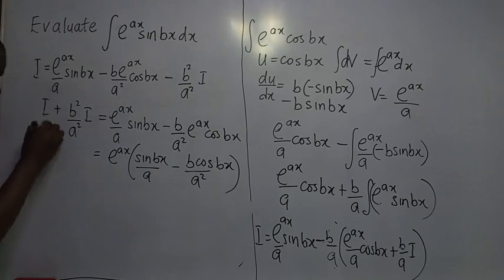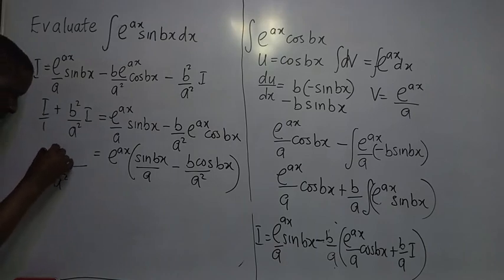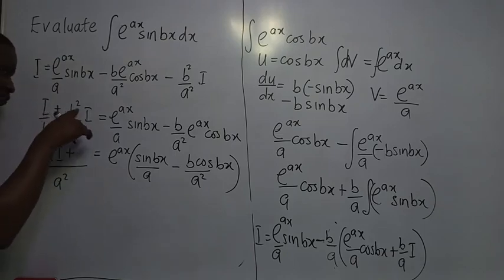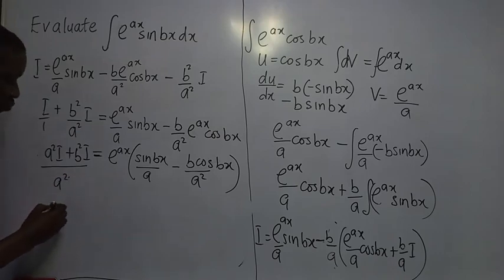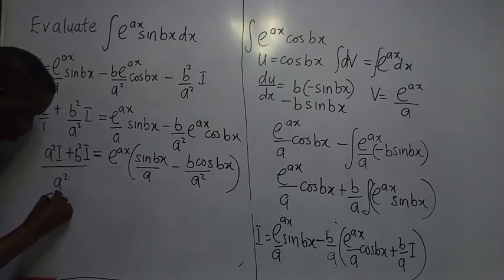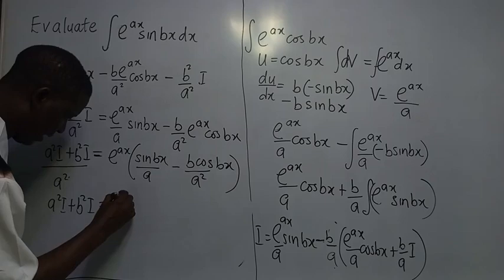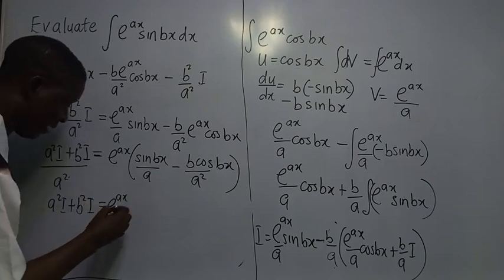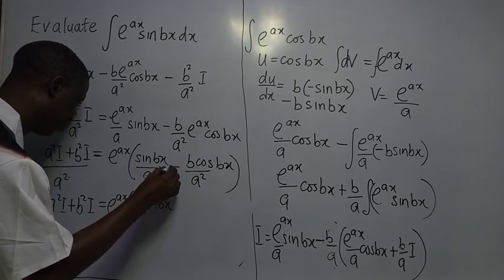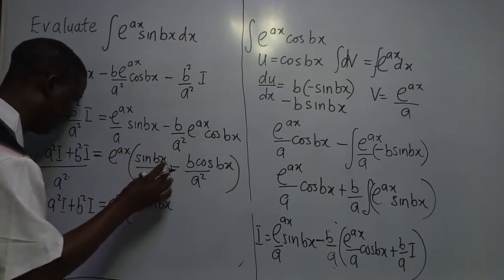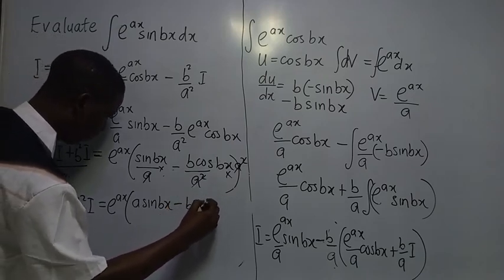So now, what is the LCM here? The LCM of this is a squared. A squared divided by 1 gives us a squared. A squared times I, plus a squared divided by a squared gives 1 times b squared I. Now what we do to remove this a squared is to multiply all through by a squared. So I have a squared I plus b squared I is equal to, then multiplying this one by a squared, we will have e raised to power ax times a sine bx, since a squared times the first term leaves a; minus, multiplying this one by a squared, it cancels, so we have b cos bx.